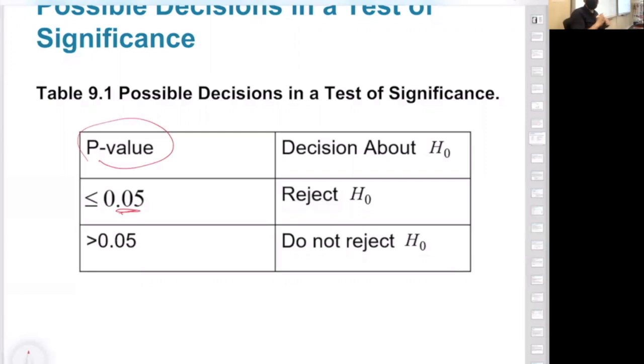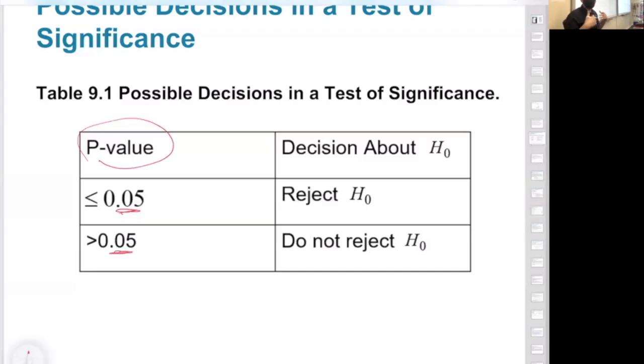But if the p-value is greater than 0.05, we don't have enough evidence to reject H naught. So these are the two decisions we will use about the hypotheses.